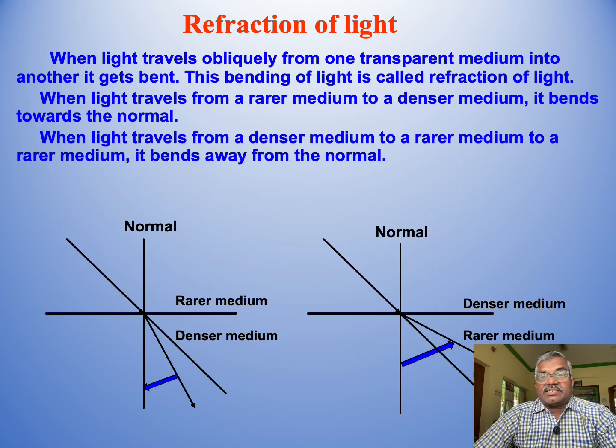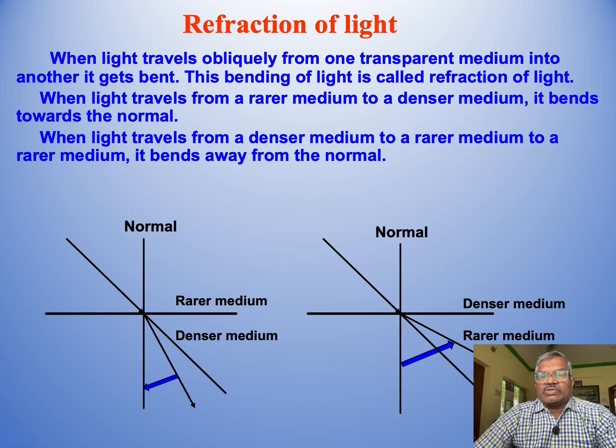When light enters a denser medium, it bends towards the normal, and when it enters a rarer medium, it bends away from the normal. I am repeating again, when light enters a denser medium, it bends towards the normal, and when it enters a rarer medium, it bends away from the normal.